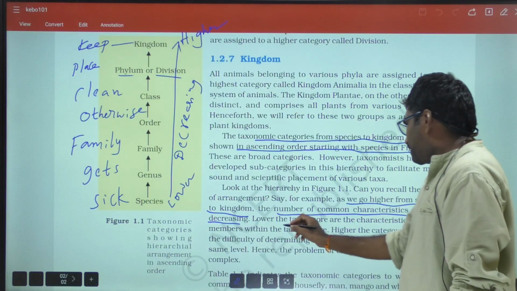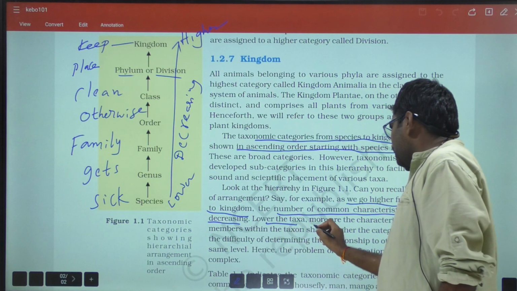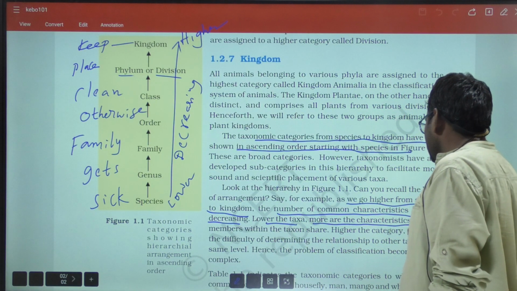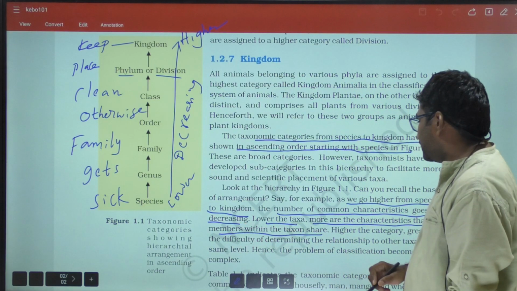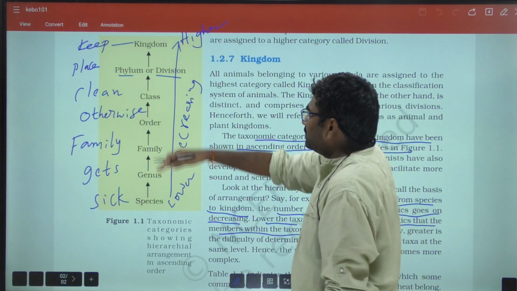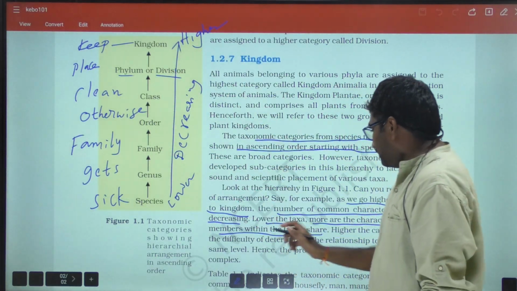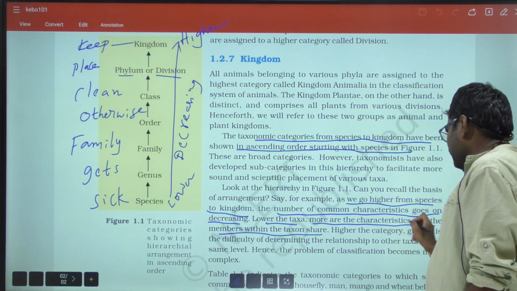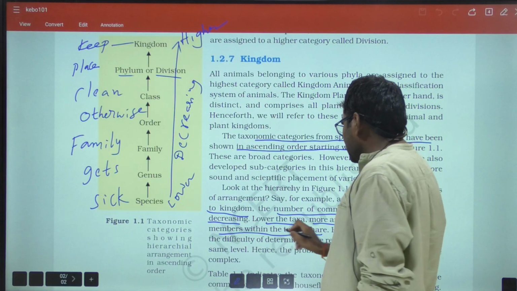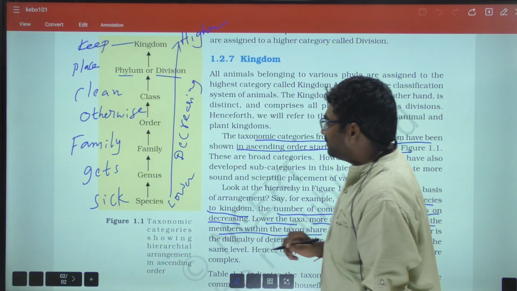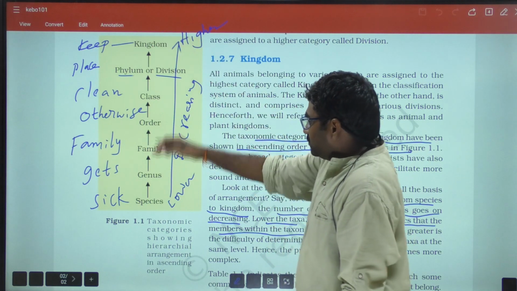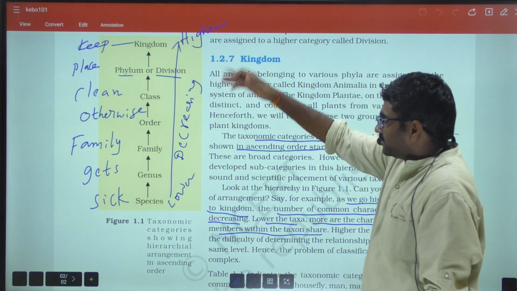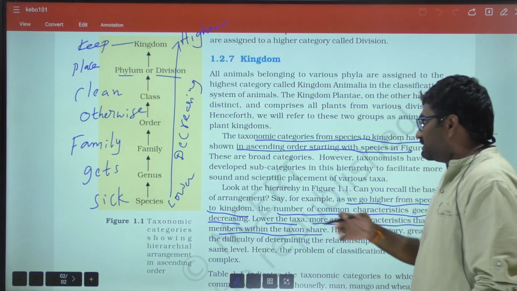Lower the taxa, more are the characters that the members within the taxon share. That means common characters increase from higher to lower, whereas from lower to higher common characters go on decreasing.